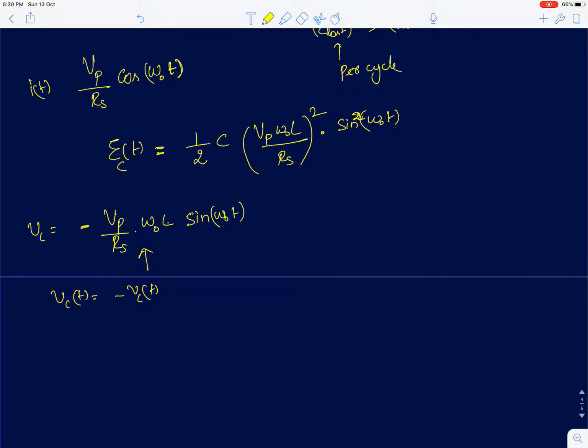Now similarly, we can try to find the energy stored across the inductor. That's going to be half L i square. So i is again Vp by Rs into cos omega naught t, so it's half L Vp by Rs the whole square into cos square omega naught t.